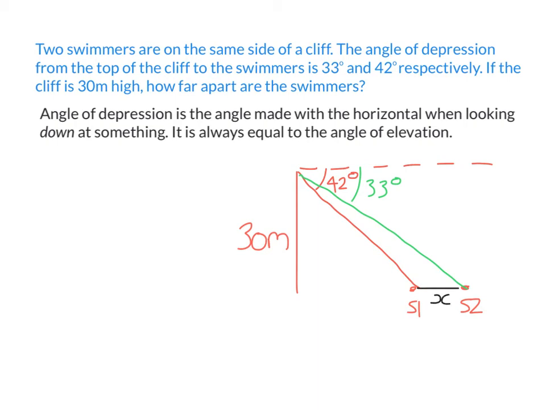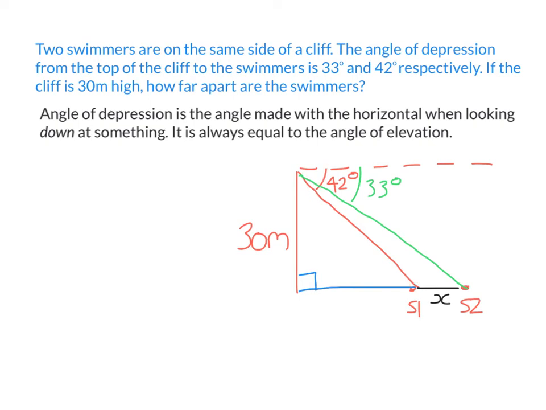What we need to do is come up with a right-angled triangle, because we only know how to use trigonometry so far in right-angled triangles. So here we have 2 right-angled triangles, this one and this one here. And we can use those to find x. This is similar to the harder question I did in the finding sides video. The angle of depression is the angle looking down, but it's always equal to the angle of elevation.